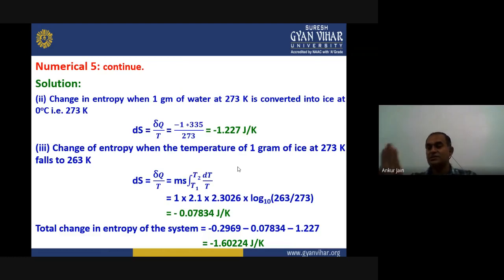It is converting from 0 degrees to minus 10 degrees. Again the temperature is different, so we will use again the integration form. dS equals delta q upon T, that can be written as the integral between T1 to T2 of m s dT upon T. Putting the values of respective terms, we get the final answer again as minus 0.07834 joule per Kelvin. This is again minus, which means the entropy is falling further.